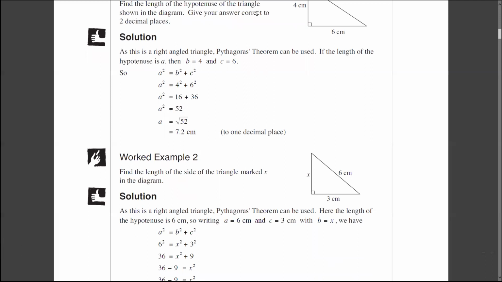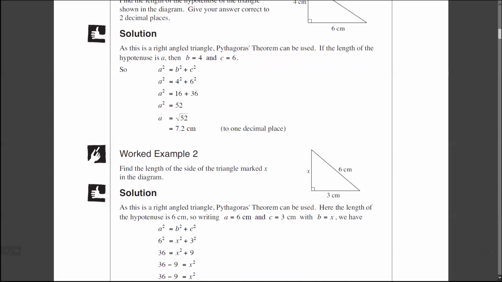And of course, I gave you an answer to 2 decimal places. I don't know why they changed it to 1 decimal place, but it should have 2 decimal places, because that's what the question asked. So that's weird, but anyway.